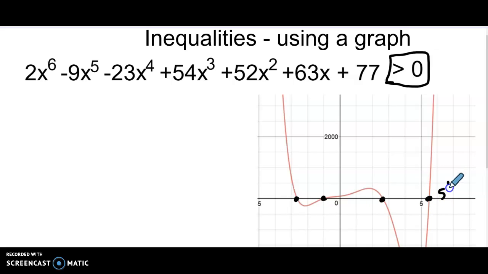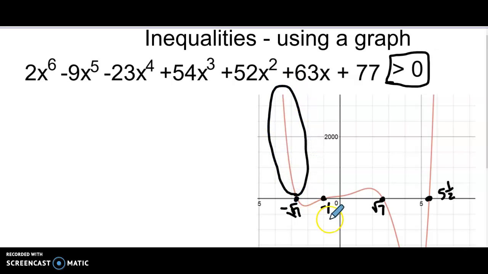Okay, I know that's 5.5, remember? This was -1. This was negative square root of 7, and this was square root of 7. It's the same graph I did before. Where is this bigger than 0? Where are my y coordinates above the x-axis? Well, right here, and right here.